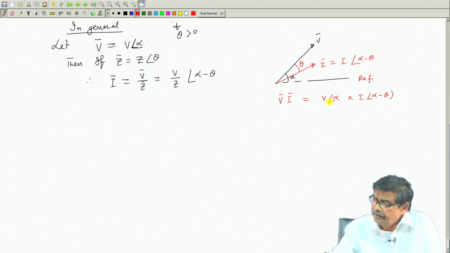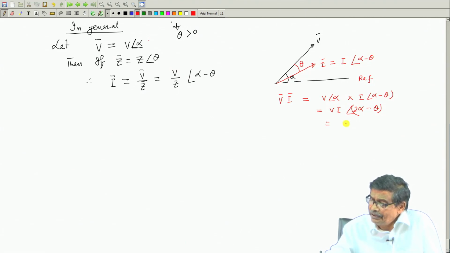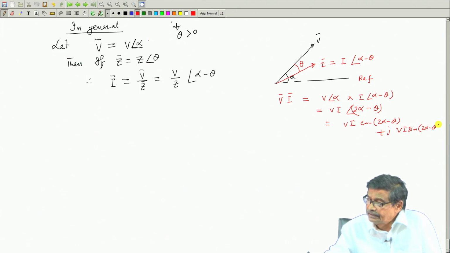This will be giving you something like V I, with angle 2 alpha minus theta, if I make a mistake, point out. So, you see its real part will be V I cosine of 2 alpha minus theta, and its imaginary part will be V I sin of 2 alpha minus theta.